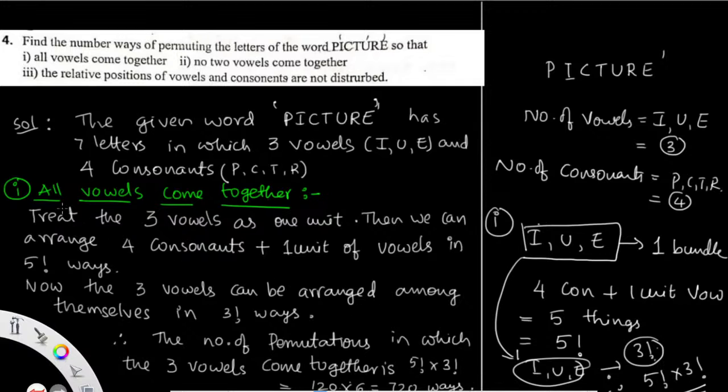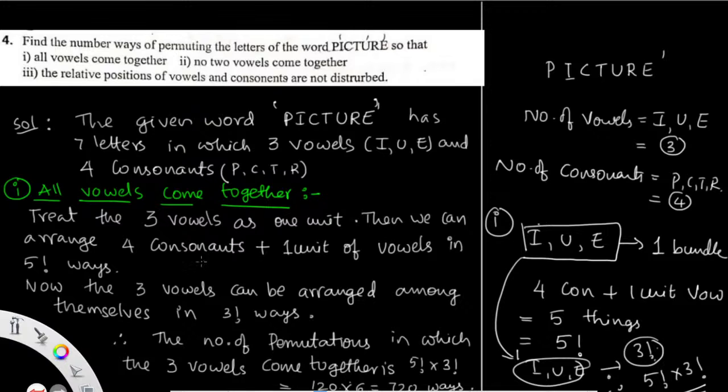So in the question, for PICTURE with all vowels together, treat the three vowels as one unit, one bundle.